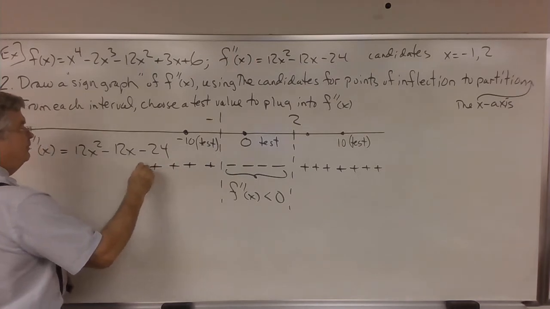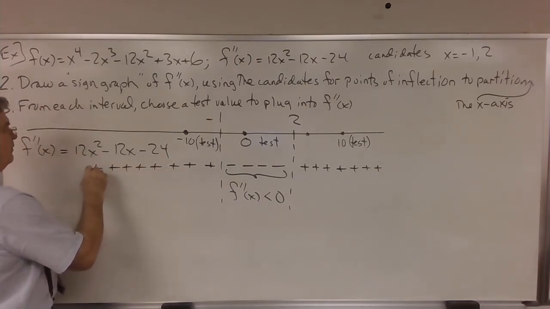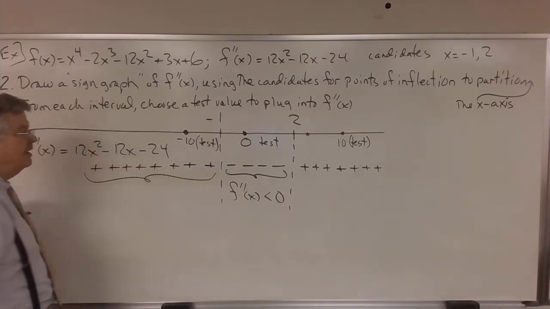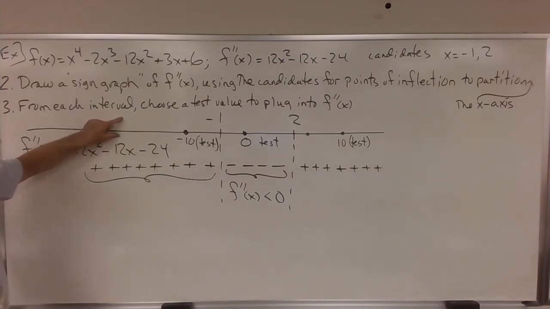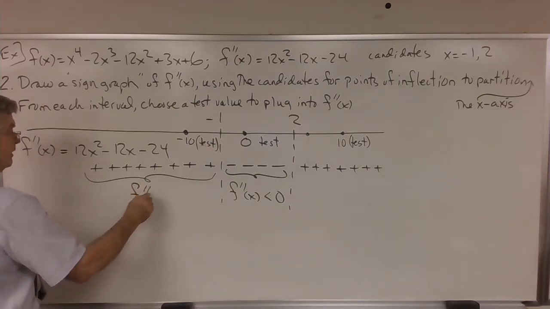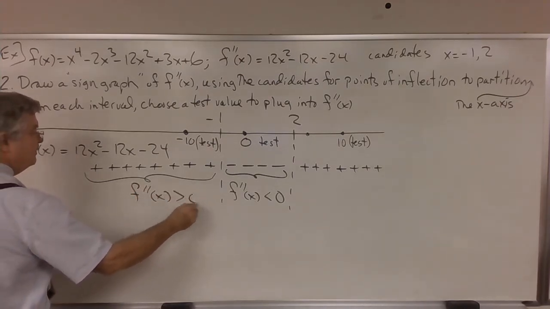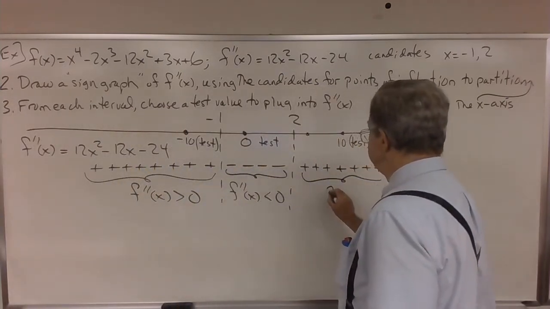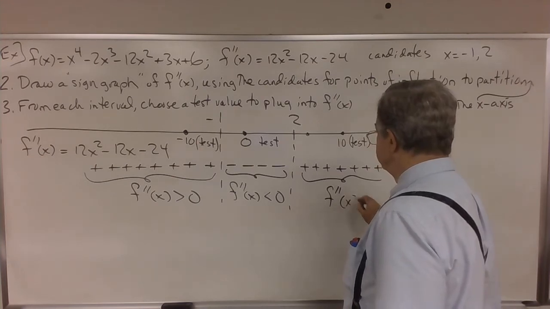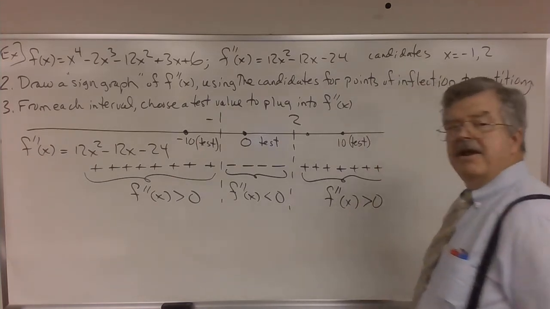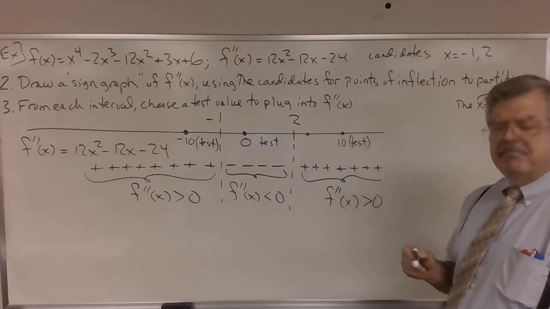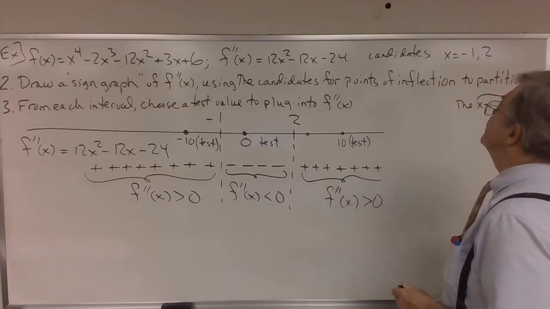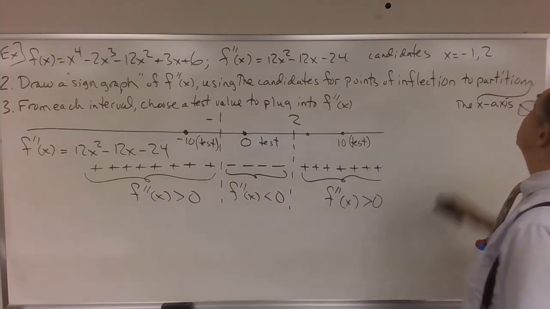And that means it has to be positive throughout this whole interval, because there aren't any other candidates for points of inflection at which the second derivative can change sign. So second derivative positive here, and second derivative is positive here. And you know, I think I pretty much have this whole thing whipped. I really do.